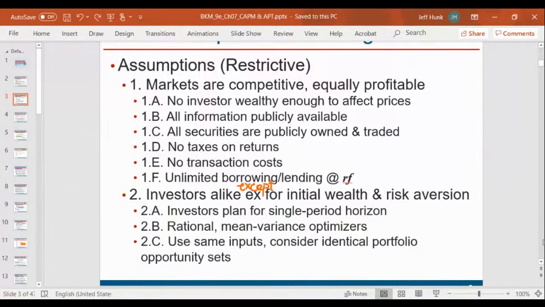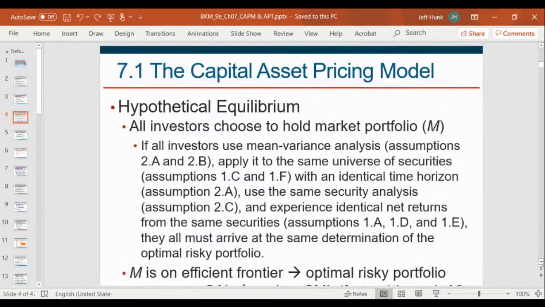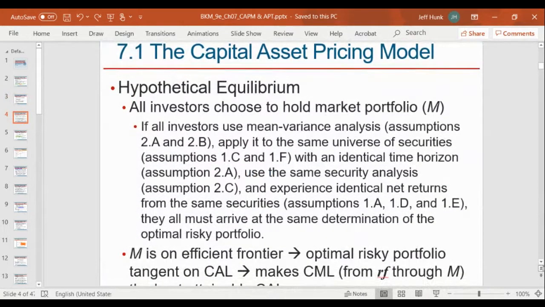So these assumptions, in reality, assumption one, category one, is relatively more restricted. Category two is generally less restrictive, right? Now, the CAPM is an equilibrium model, meaning that's the return you can expect when the market for this particular asset, stock, is in equilibrium.